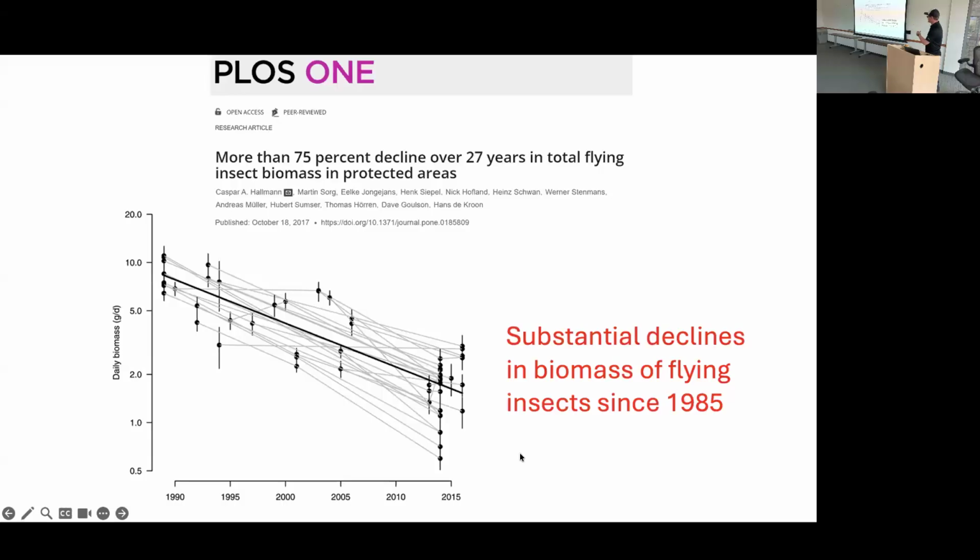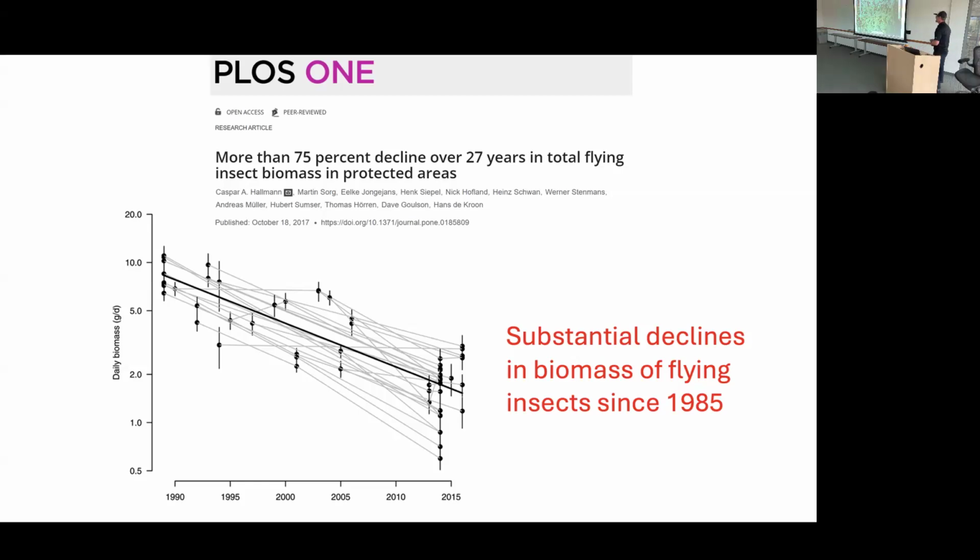And this is a very strong trend. The decline is really substantial. In this figure, each of these gray lines represents an individual trap. In all but one, this one is a straight line across, in all but one instance, flying insect biomass declines significantly, right? So this kind of shows the point.